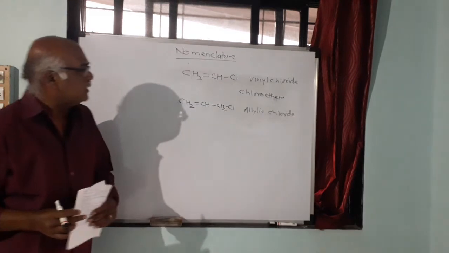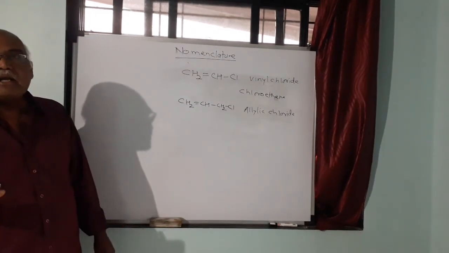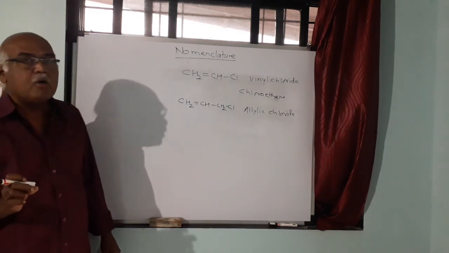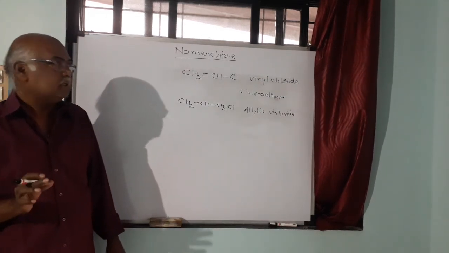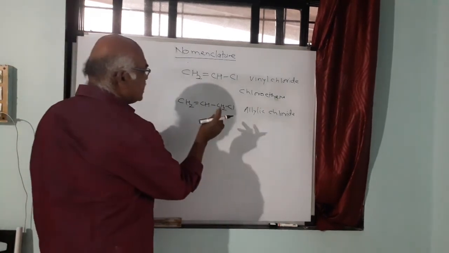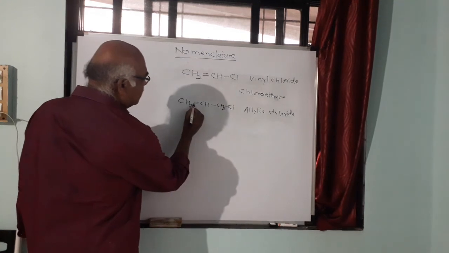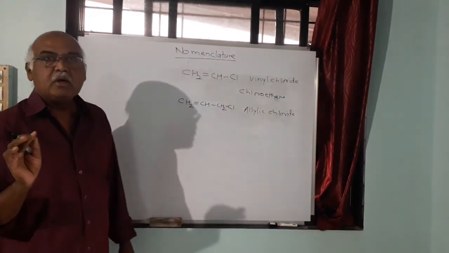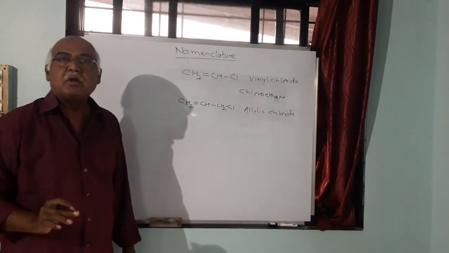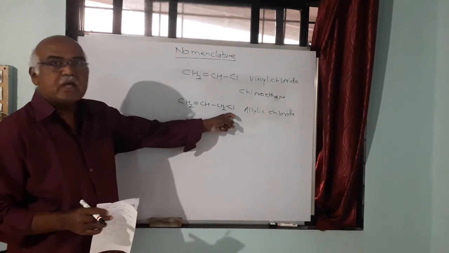Before that, the IUPAC name of this particular compound. Now there are three carbon atoms, so this will be a derivative of propane. It is an alkene, so this will be propene. Now give numbers to the carbon atoms so that the carbon atom which has the double bond will be given preference. When there is a double bond, you have to give the preference to the double bond. When there is no double bond, only single bond, then you have to give the preference to the halogen atom.